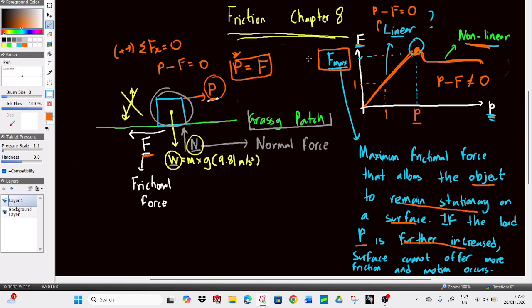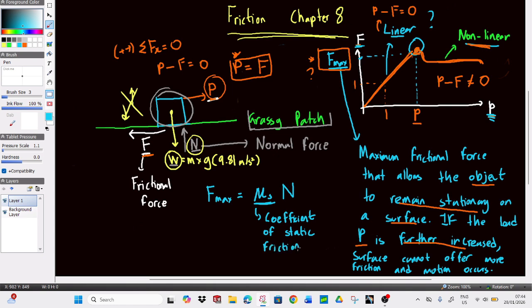And how do we know how to find this F max? This F max is basically mu s times N. As we already discussed earlier, mu s is a coefficient of friction, but it's not just the coefficient of any friction, it's the coefficient of static friction.